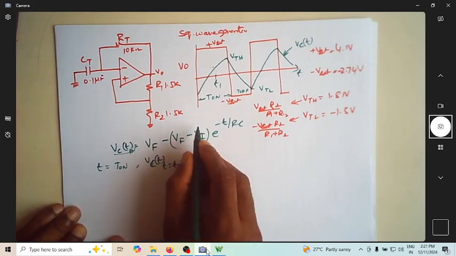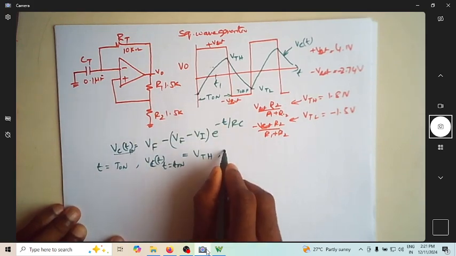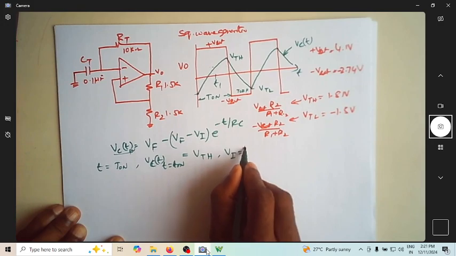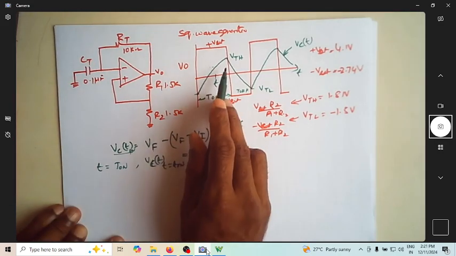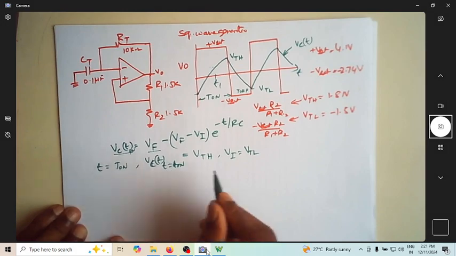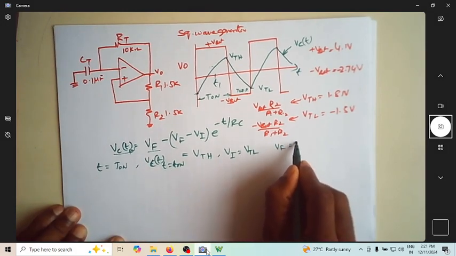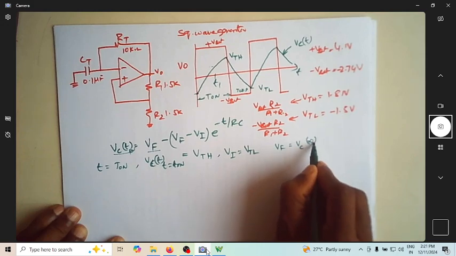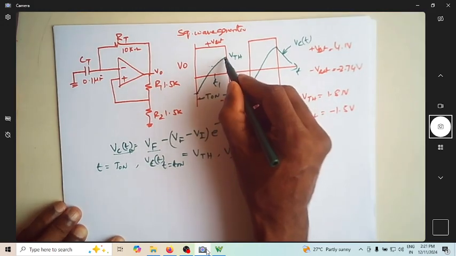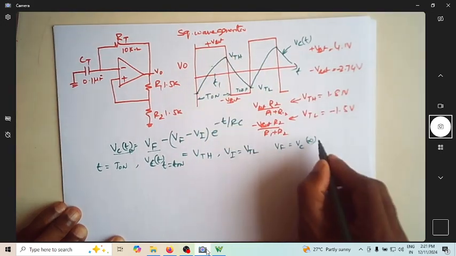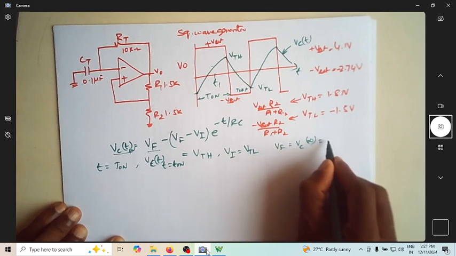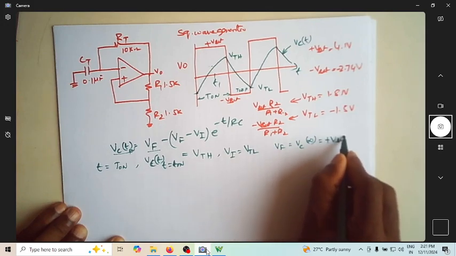So what is the initial voltage? Initial voltage is nothing but VTL. And what is this V final? V final is nothing but the capacitor voltage as t tends to infinity. If your capacitor is allowed to charge infinitely, this will go up to plus Vsat. So I will say Vf is nothing but plus Vsat.